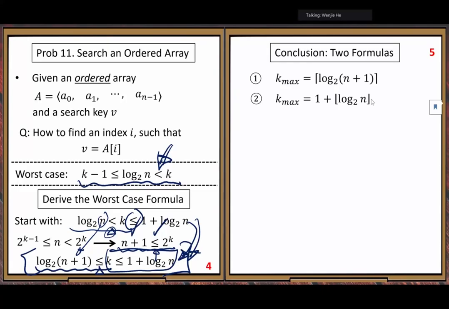In this case, we do not lose any precision, the same argument.